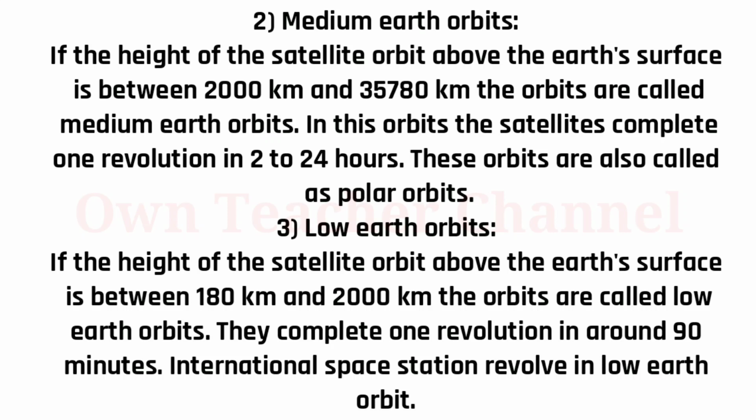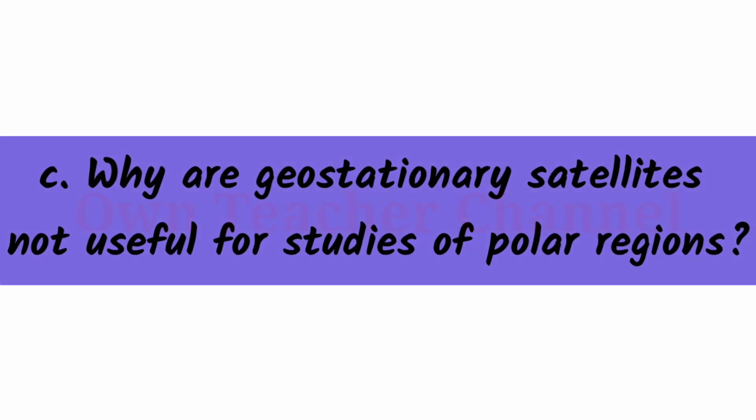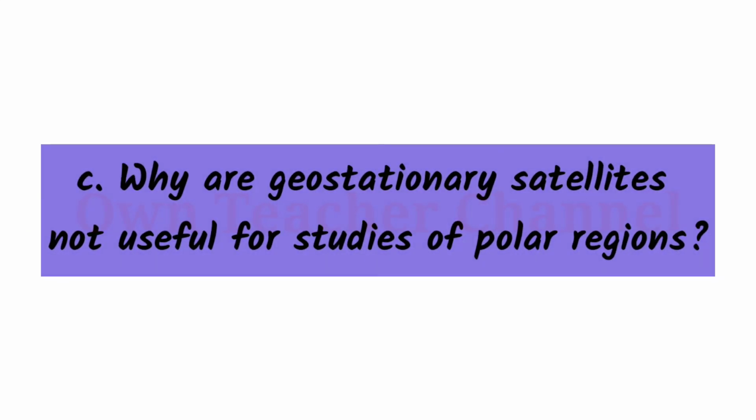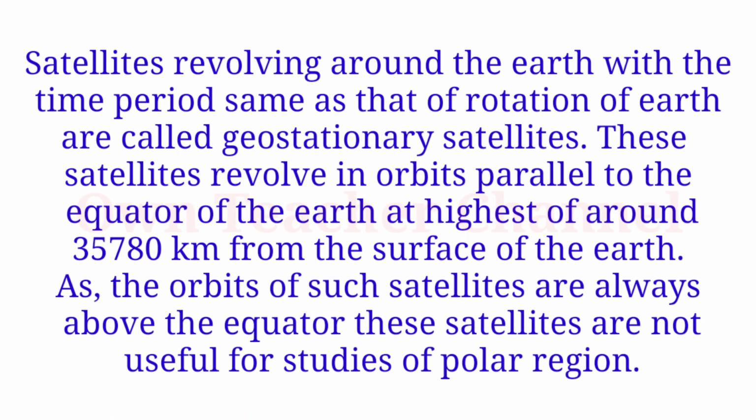International Space Station revolves in low Earth orbit. Why are geostationary satellites not useful for studies of polar regions? Satellites revolving around the Earth with the time period same as that of rotation of Earth are called geostationary satellites.